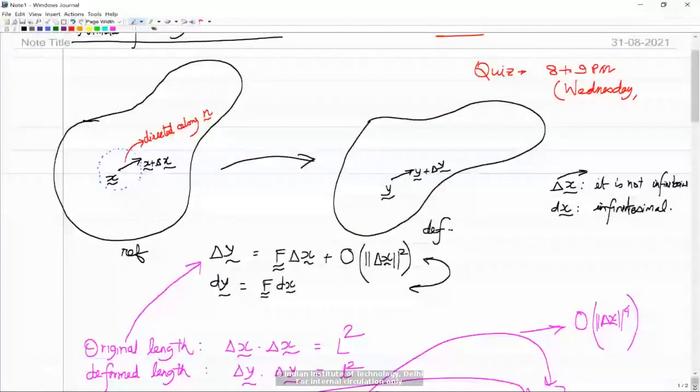Or if you say that it's directed along n, then you can say that this delta x is n times mod of delta x, right? Magnitude being mod of delta x and the direction being n.